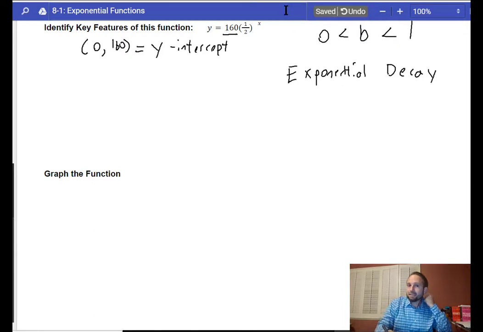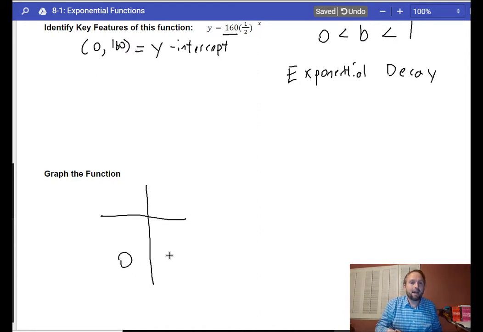Well, this is basically telling us that every step you're going to multiply by a half. When I plug in 0, I should get 160. And then let's say it's a half-life of 1 year. So after 1 year, it's going to be half of that. Well, half of 160 is 80.